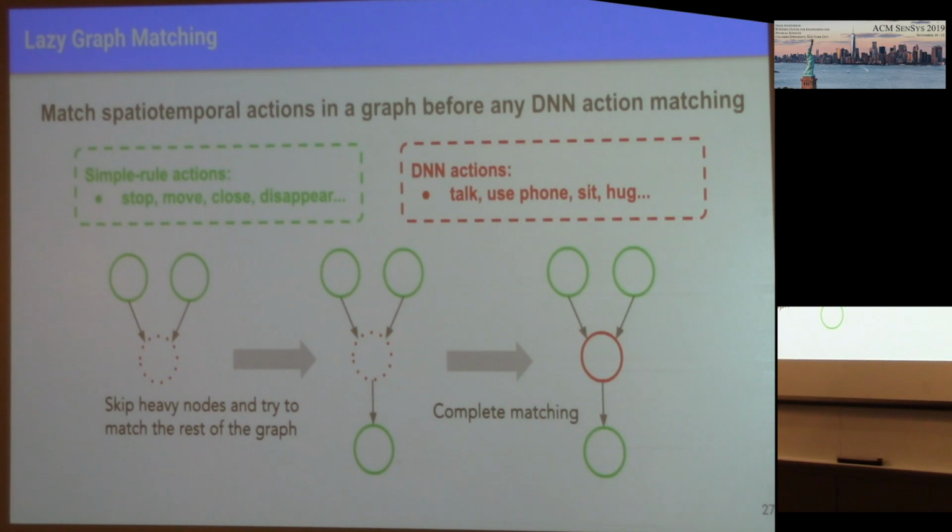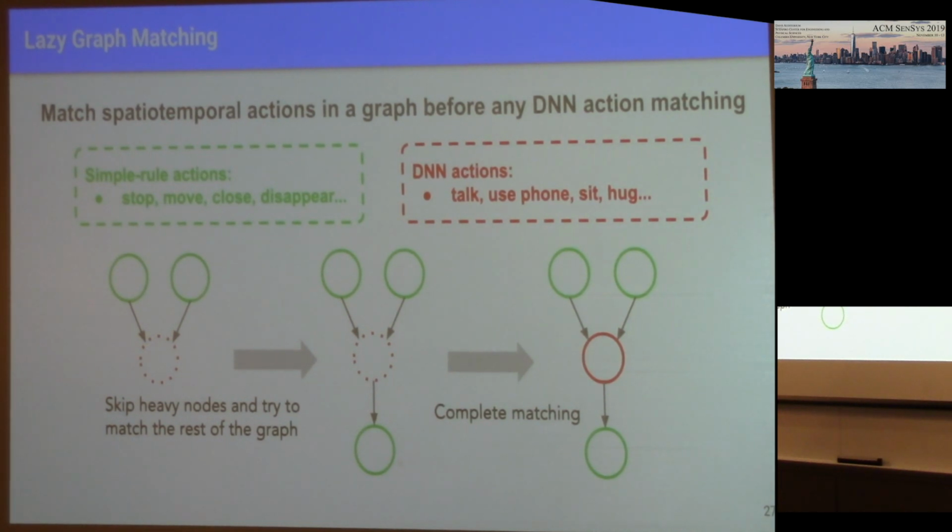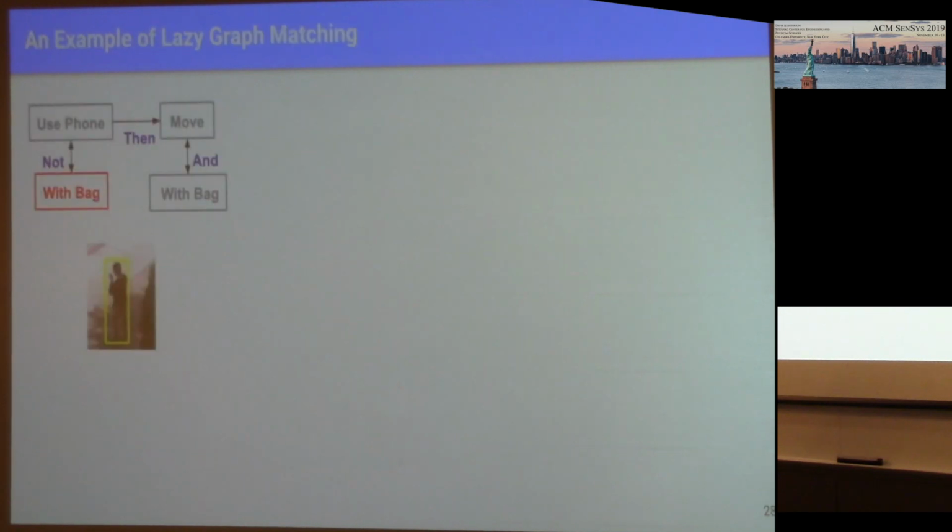Those nodes don't require the GPU to run the action DNN. So here is the workflow. In Caesar, it first tries to match all the green nodes in a graph, and once it finishes all the green nodes, it will go back and try to match whether any red node can be matched. Only at this time will Caesar output the result. Let's take the previous example. Okay, so the first step is the same.